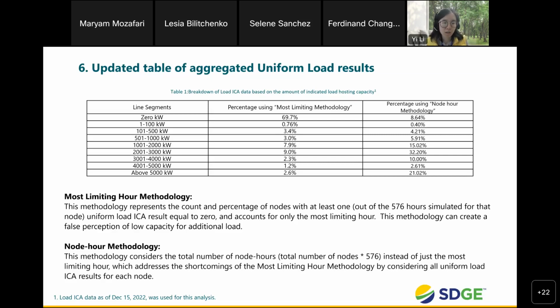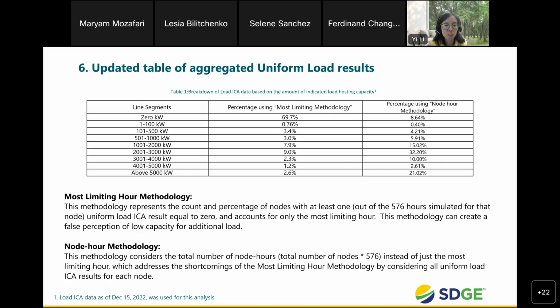In contrast, what we also propose and show as a reference for folks to consider is the percentage using the nodal hour methodology. The nodal hour methodology considers the total number of nodal hours, which equals the total number of nodes multiplied by 576, instead of just the most limiting hour.